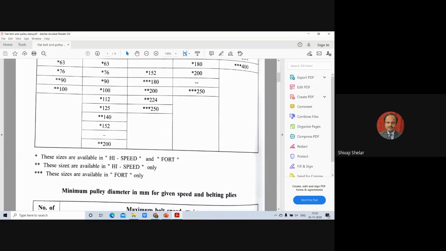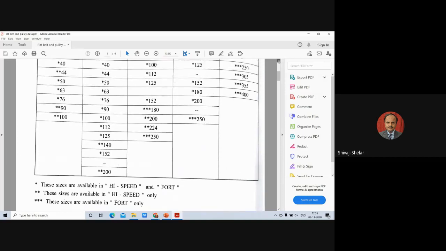Two-star indicates these sizes, that 140 width, are available only for Dunlop high-speed belt, and three-star indicates that particular size is available only for four-type belt. So this 250 width here is available only for four. Now we have selected high-speed, so we can use star and double star figures from this table.